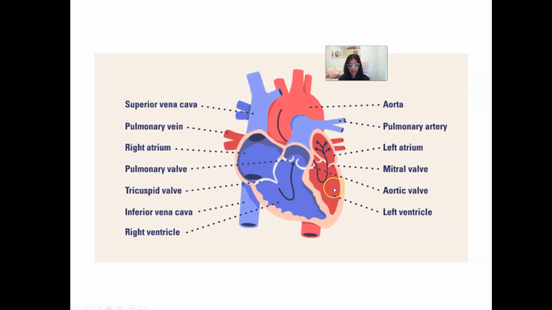And what you see happening here is this blood is squeezed out of the left ventricle, and it moves through the largest artery in the body, the aorta, and that will stretch up towards the head and the neck, and it will also bend over and go down towards the rest of the body.